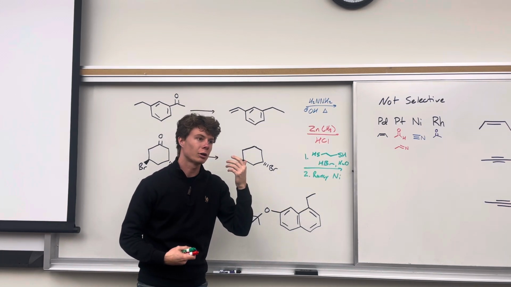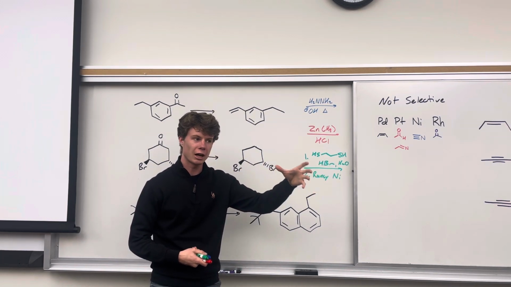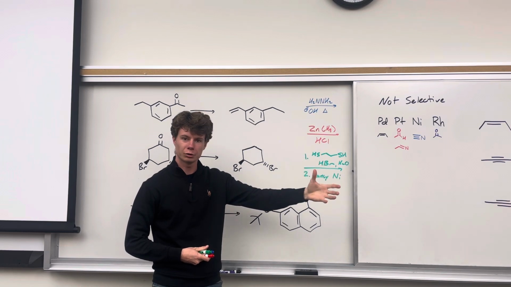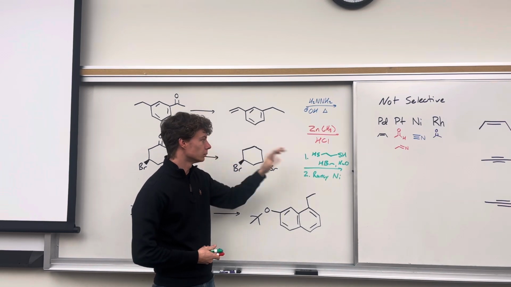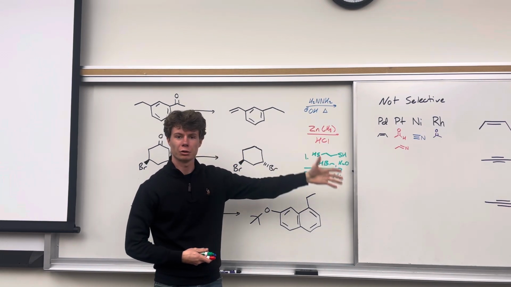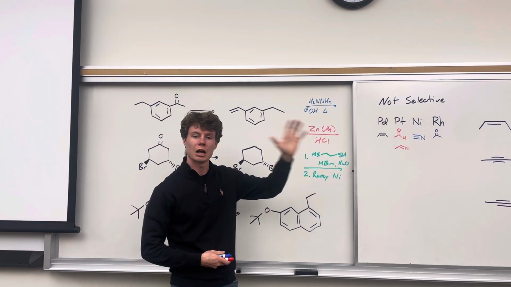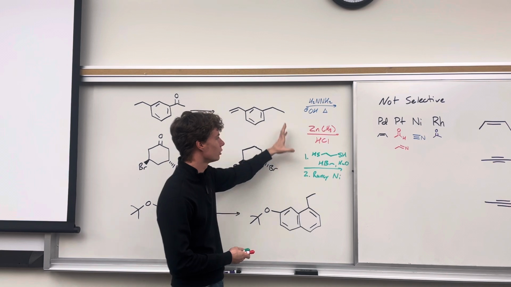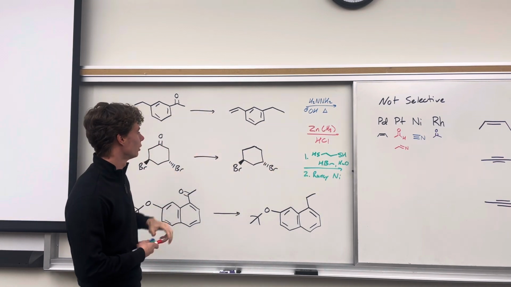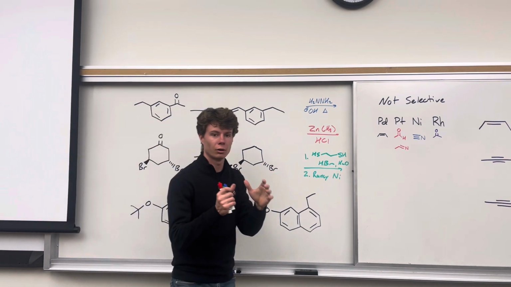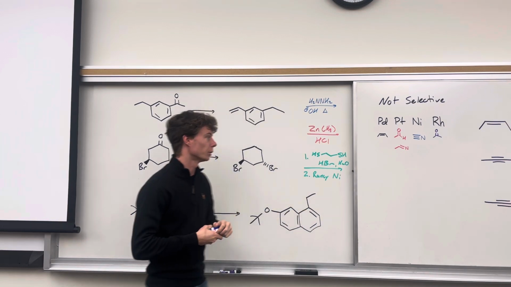So if I have some other functional group in my compound that might react with a strong or mid-strength nucleophile, I'm not going to want to use Raney nickel because it's going to react with that and not my ketone or aldehyde. So we're going to use these to reduce only a part of our molecule without interfering elsewhere.